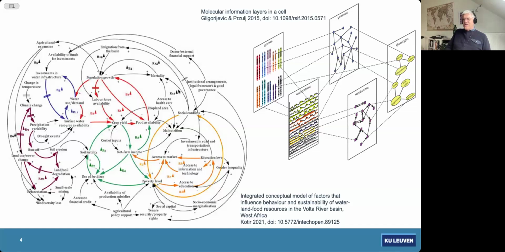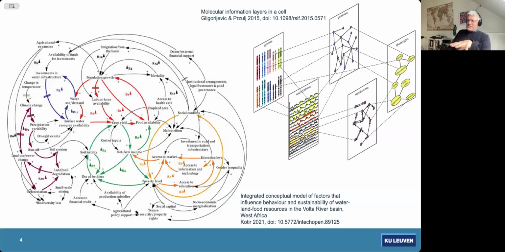So this is a graph from a paper about sustainability of water, land, food, and food resources in Africa. And as you see, everything is connected to everything else. So the crop yield has an effect on food availability, which has an effect on population growth, which has a feedback loop to food availability, and so on.